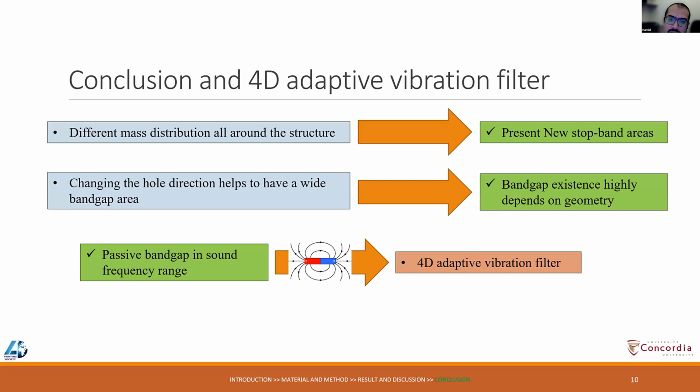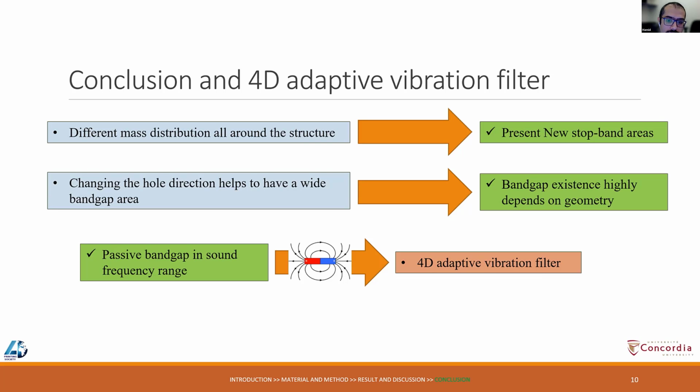And if I want to conclude the whole thing in this model, I want to say different mass distribution around the unit cell can present new stop band areas, and around that it can prepare new filters.